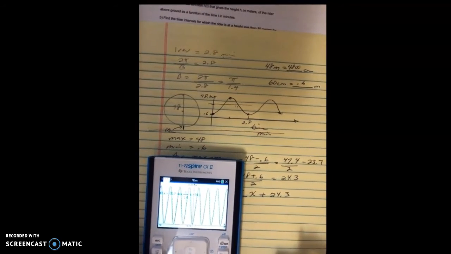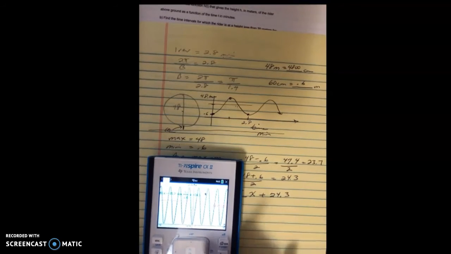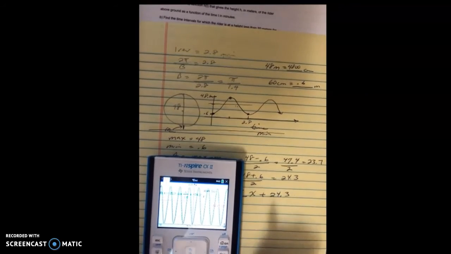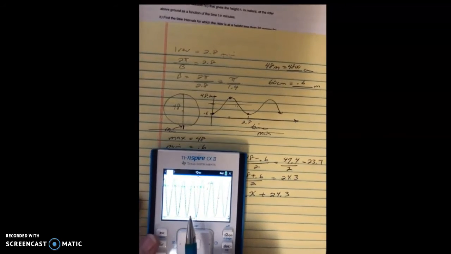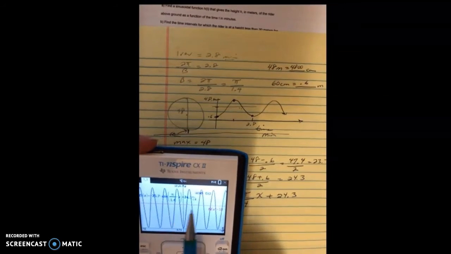So if I hit tab and I hit 30, for 30 meters, I can see that right in there, down below, is where it's going to be from 0 to something seconds. The quickest way to do it would probably be to find that intersecting point between the red line and the blue curve right there.